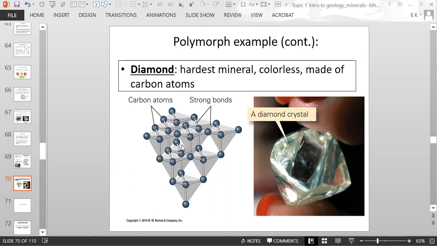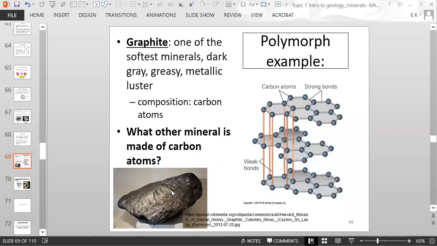But we could just mention it now: diamond involves a lot of pressure. So in this case, the carbon atoms are able to be bonded more tightly compact. It gives you a stronger bonding, and that's going to cause it to be a harder mineral. But graphite does not form under as much pressure, so the bonds are not as tightly knit.